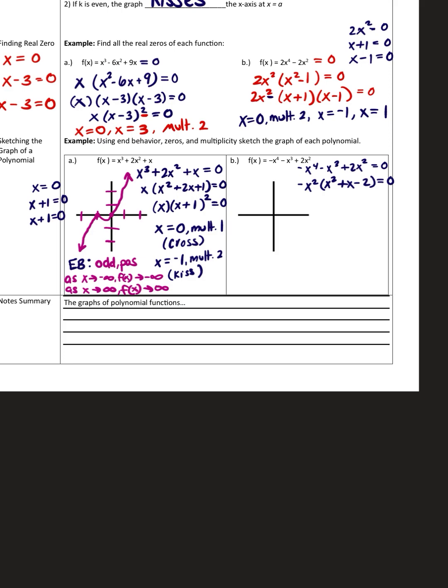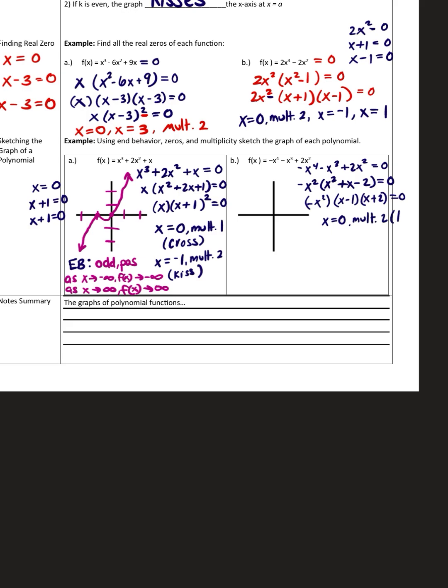All right, so that leaves me with a negative x squared as one of my factors. And then I can factor this quadratic even further with x minus 1, x plus 2. And by just looking at this, I can tell that I have x equals 0 with a multiplicity of 2.